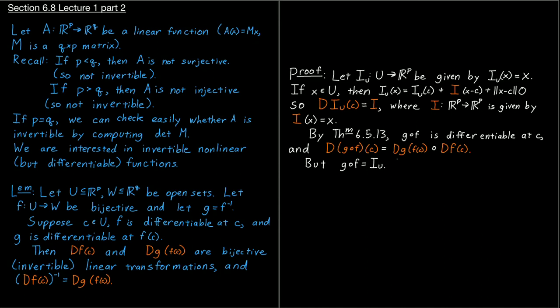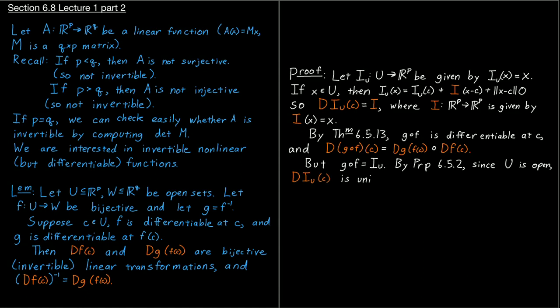And by proposition 6.5.2, since U is open, this is why I needed U to be open, we have that the derivative of I sub U at C is unique.